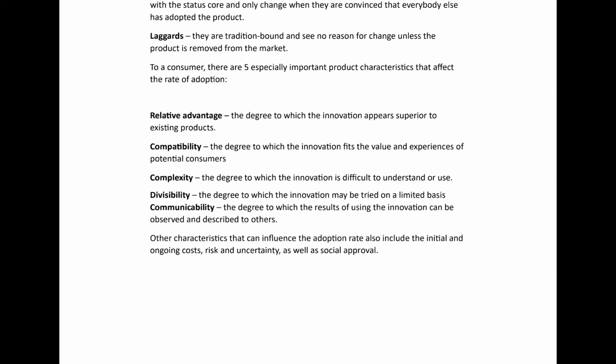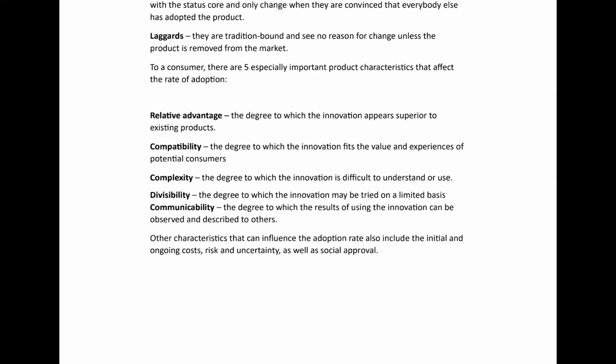So to a consumer, there are 5 especially important product characteristics that affect the rate of adoption. These characteristics will help you to understand as you market, because they influence how fast the consumers adopt the product. Number 1, the relative advantage.